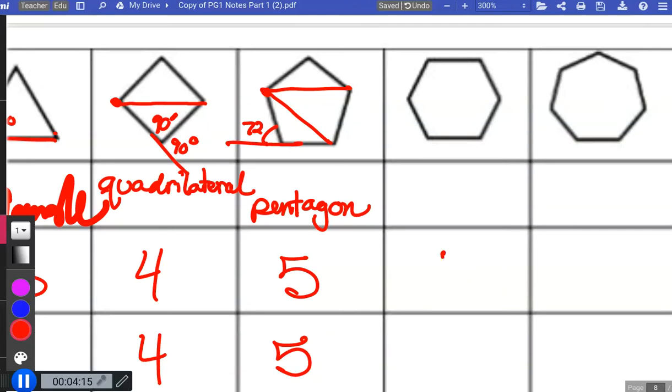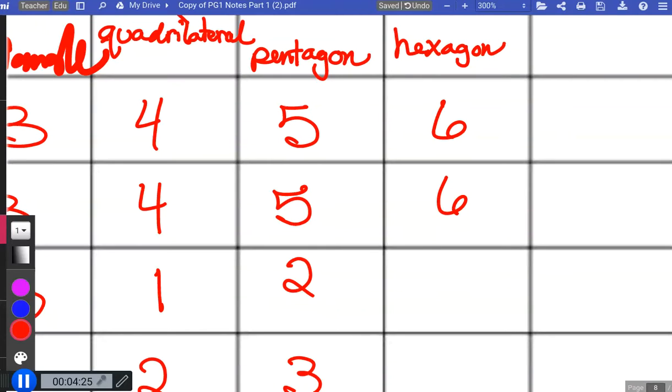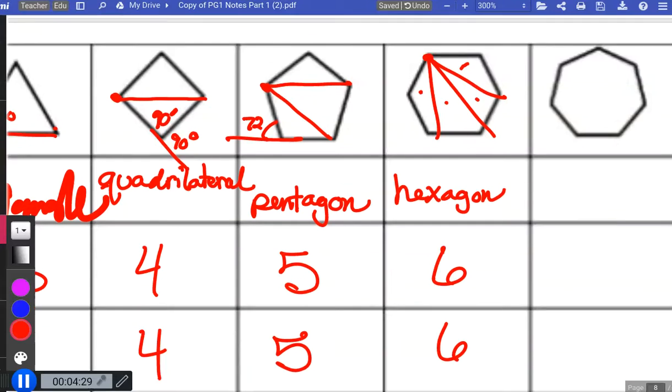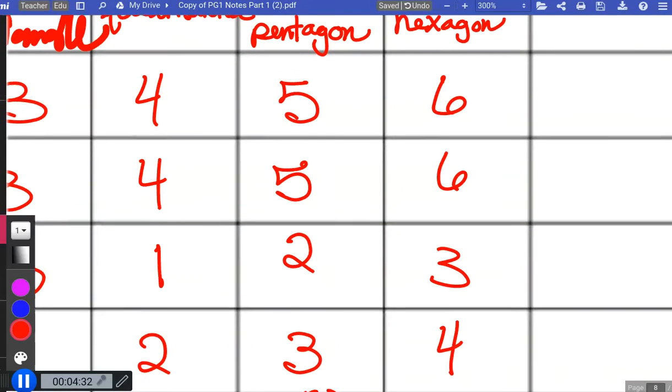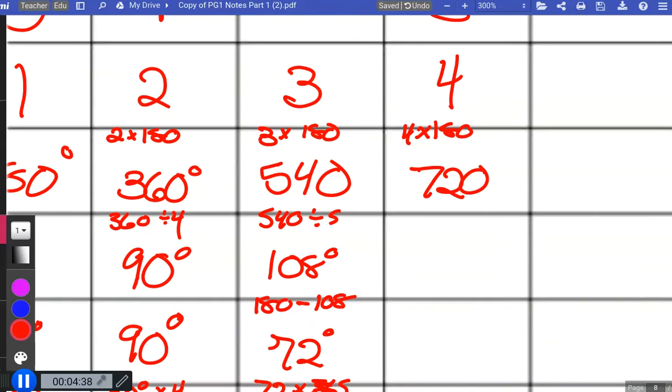Okay, next we have a 6-sided figure, which is the hexagon. 6 sides, 6 angles, 1, 2, 3 diagonals, and that made 1, 2, 3, 4 triangles. So we've got 4 times 180, which is 720 degrees.